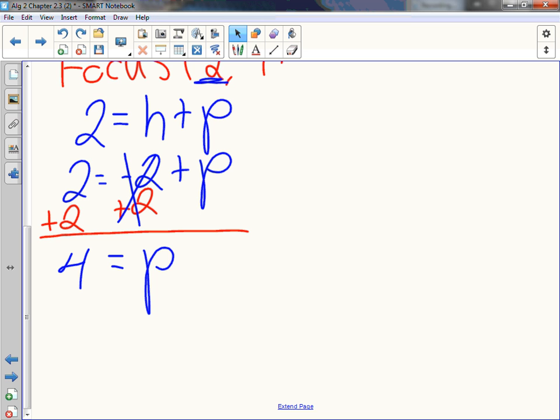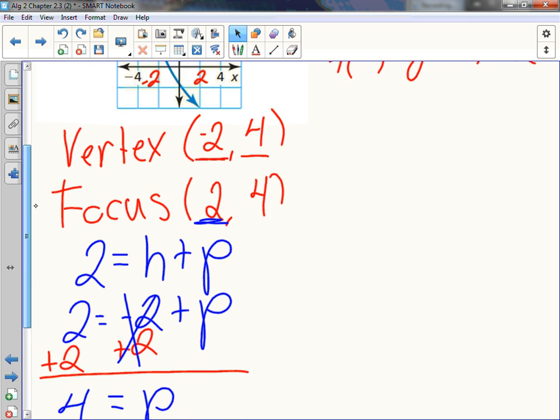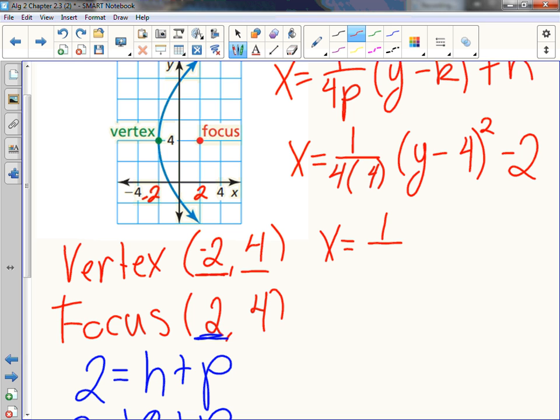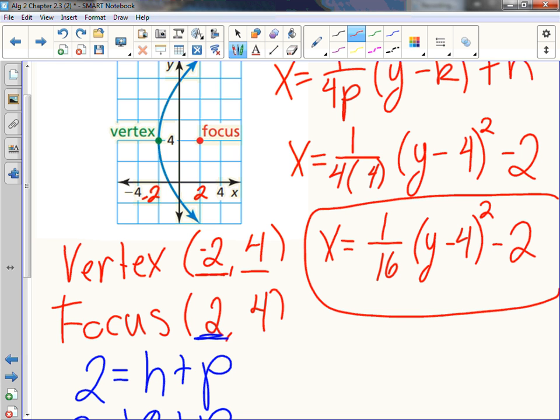Any questions on how we found the value of p? So now all we need to do is come back up here and plug 4 in. Well, 4 times 4 is 16. And it gives us x equals 1 over 16, parentheses, y minus 4, close parentheses, squared, minus 2.